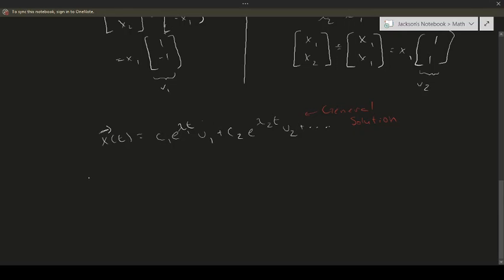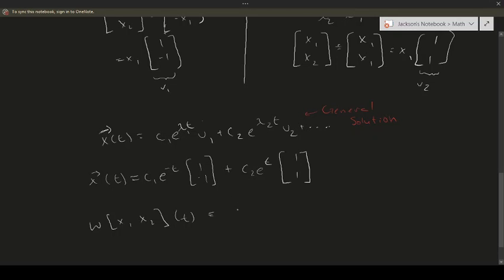Alright, so now let's plug in what we've solved for. Now before we can simplify this further, we need to check to see if they are linearly independent vectors in the solution.